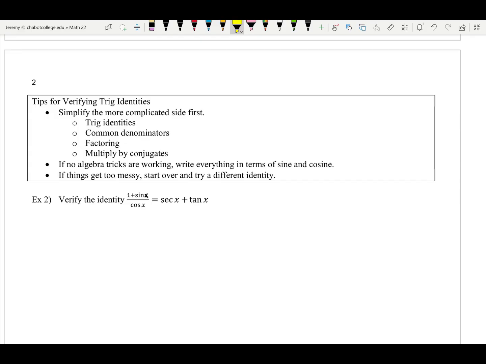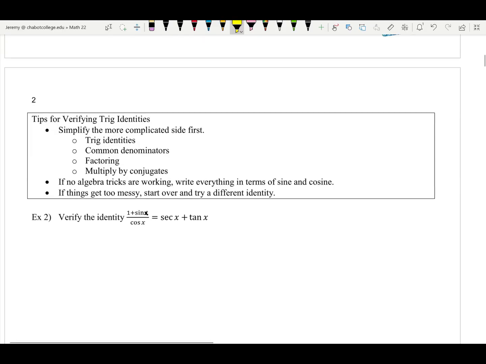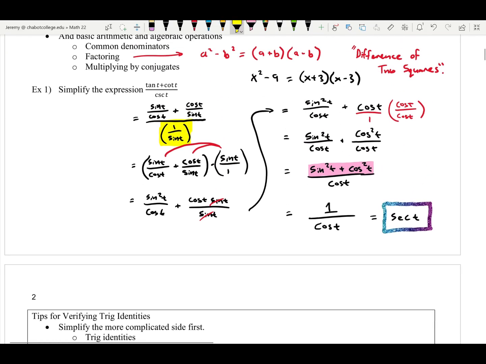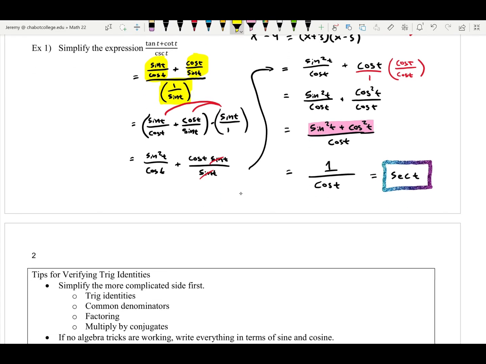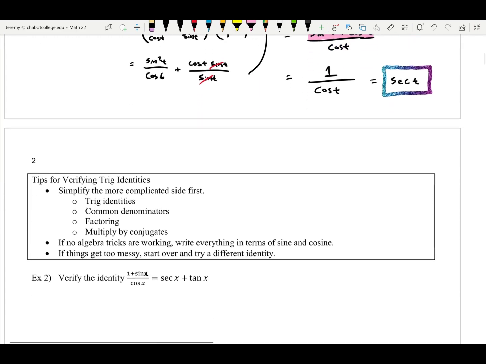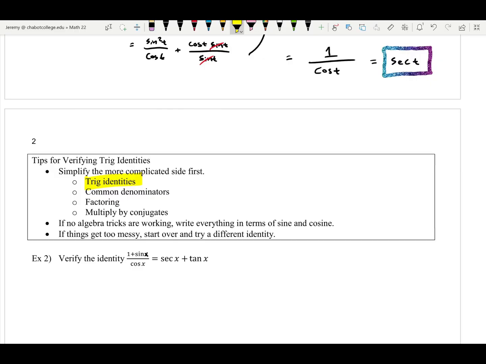Use trig identities. So for example, on this last problem, we started by rewriting tangent and cotangent in terms of sine and cosine. We did the same for that cosecant, right? So using reciprocal identities, if you see a sine squared plus cosine squared show up, you might want to replace that with a 1. So using trig identities to manipulate one side of the equation.